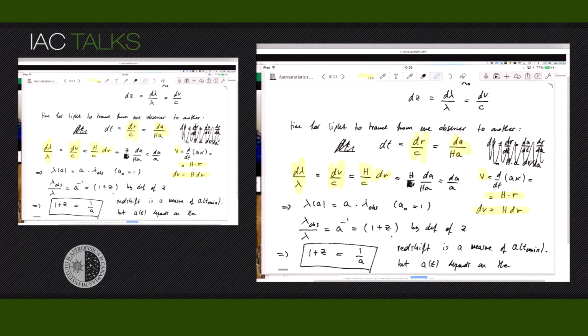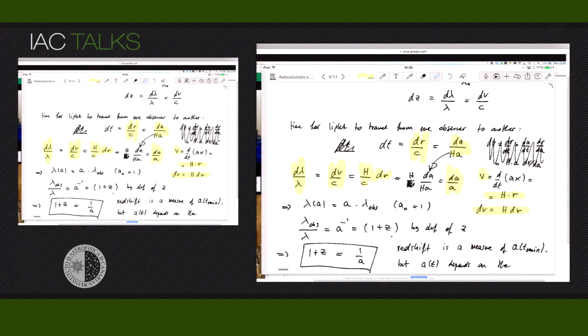And now we can rewrite this by multiplying and dividing by the appropriate number, just using the equation above. We plug that in, and we finally get that d lambda over lambda is equal to da over a.